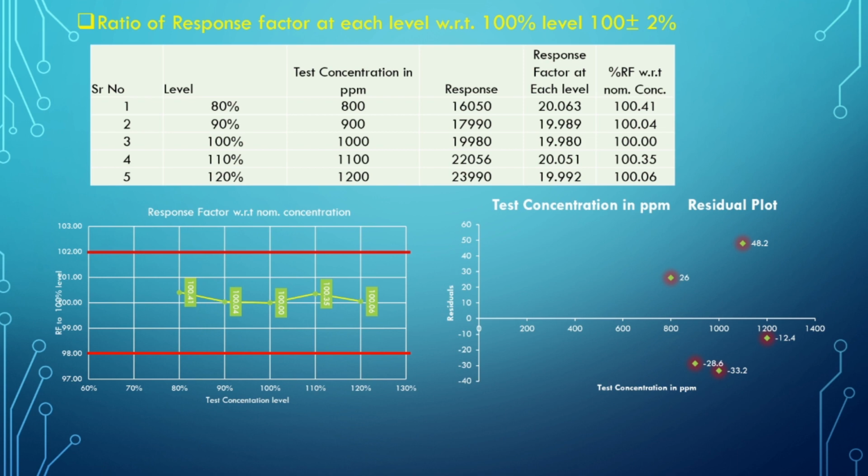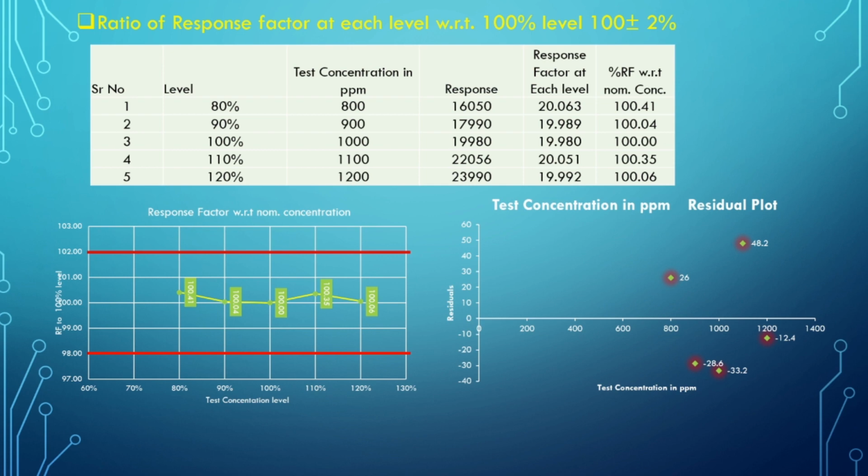So the relative response factor will be the response 16050 divided by 800, which comes as 20.0163. But at the 100 percent level it is 19.980. If you take the ratio, it will be 100.41.